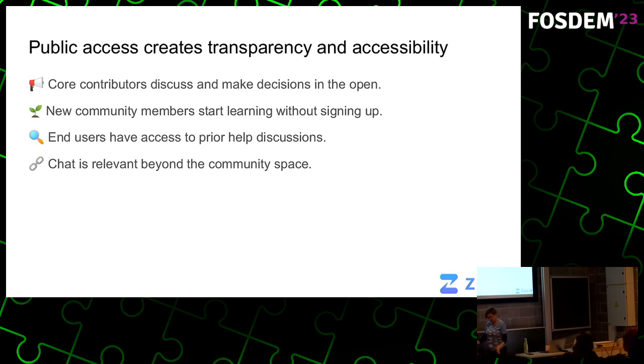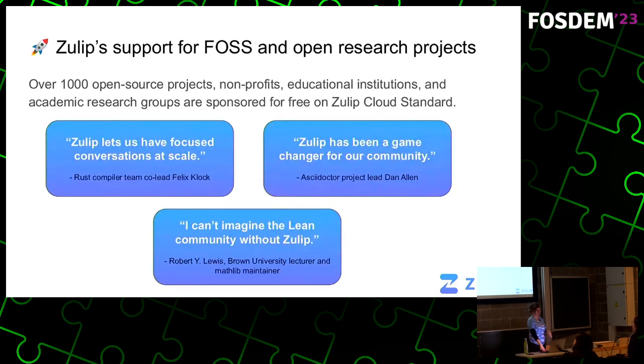And we have this repository, this tree of knowledge that we built that's now out there in the wild, in the forest of the internet, that we're sharing with everyone. So really creating that transparency, and chat is becoming much more relevant beyond just an ephemeral conversation.